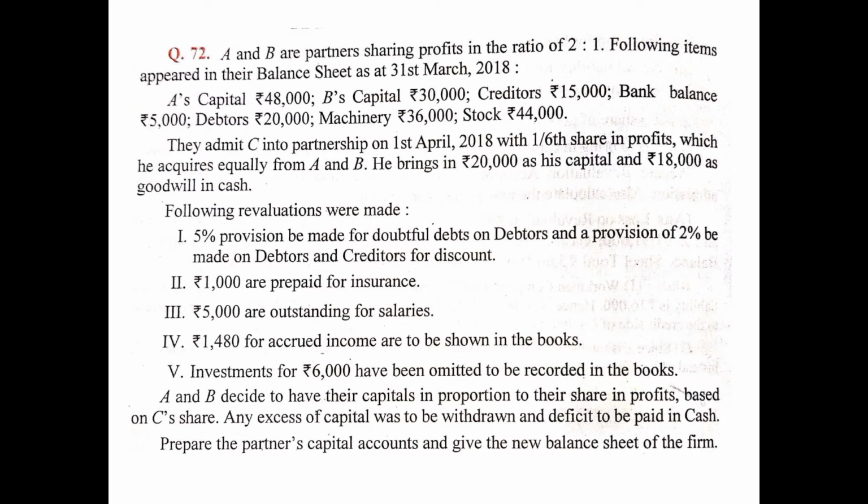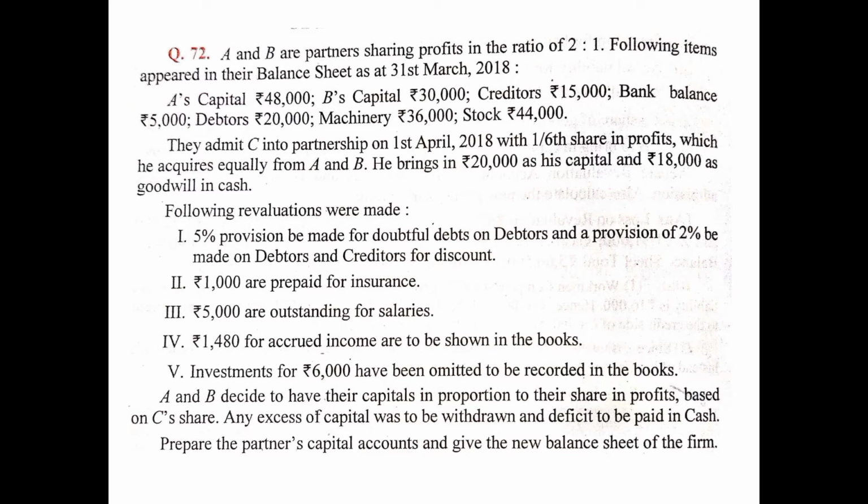Then in case of debtors, you have to prepare two provisions, one for doubtful debts and one for discount on debtors. In class 11th we have already learned that whenever such provisions are calculated on debtors, the priority is given to doubtful debts. That means on the book value of debtors, first the provision for doubtful debts is created, and after deducting that provision, on the amount left we calculate the provision for discount on debtors.